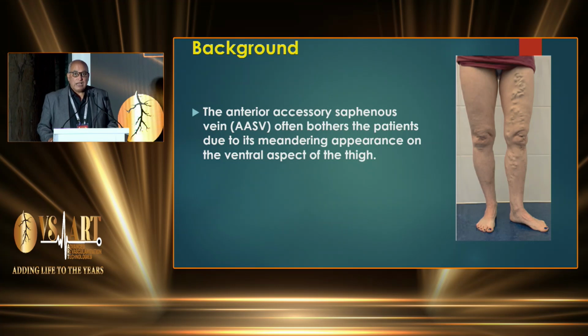The anterior saphenous vein may be one of the important causes of recurrence, and in addition, it bothers the patient very much because of its meandering position along the leg.